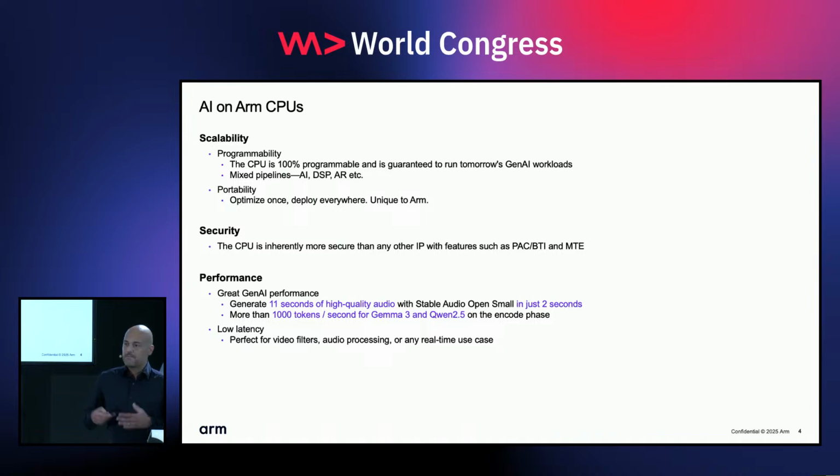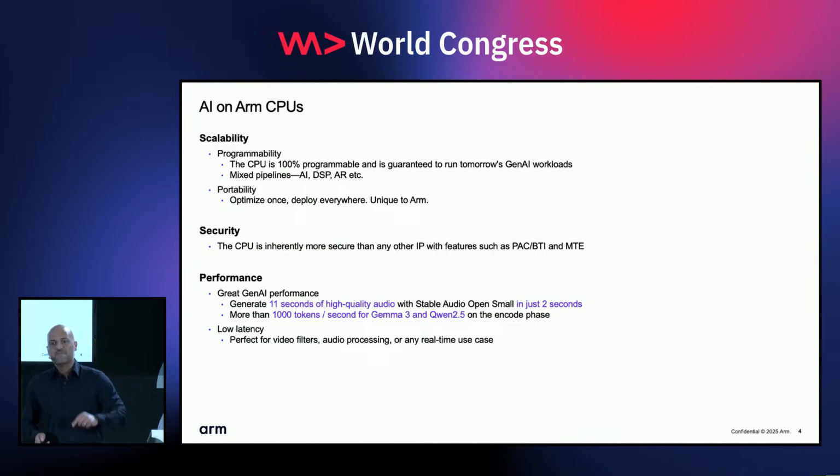But the beauty of running on the mobile CPU is that you can also mix different pipelines together. It's not just about AI. Your AI can live in a context where you also need image processing computation, or digital signal processing algorithms. The other aspect is crucial and unique to Arm. Most of the time, you read, write once, deploy everywhere.